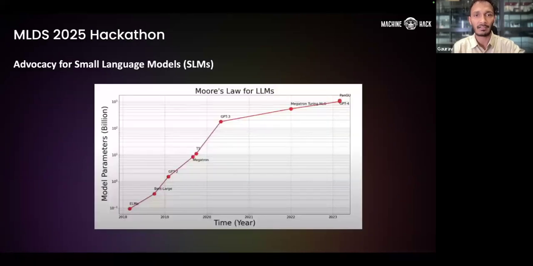Going ahead, the theme for our MLDS hackathon: we have picked a theme of advocacy for small language models. As you can see in the chart here, as of now the mindset has been more data, more compute, and more parameters, the better the model.